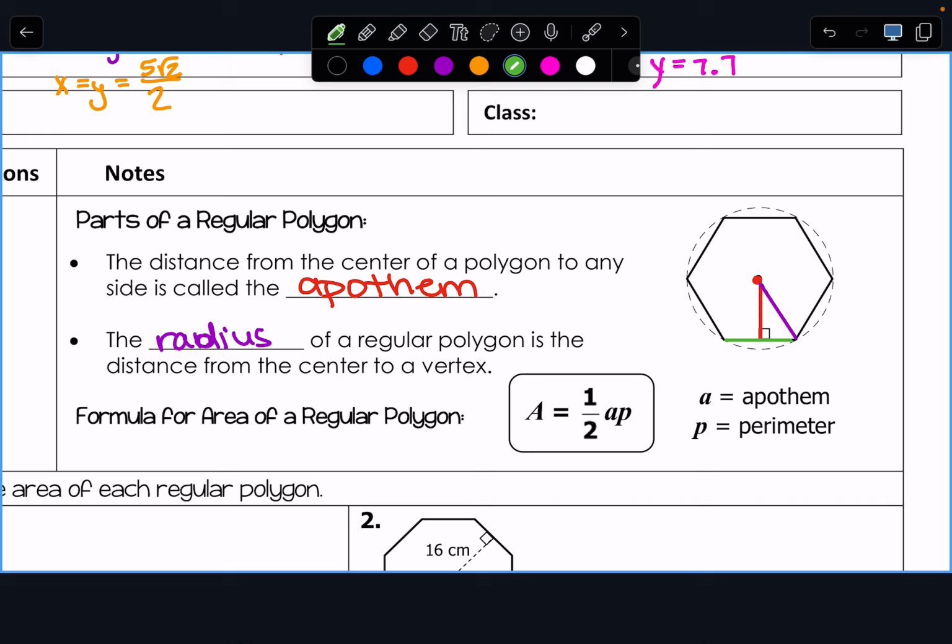Now, there are going to be a variety of ways that these problems get presented to us. So we're going to start with the easier kinds, and then we're going to work our way through what if they give us the radius and not the apothem? What if they give us the side length and not something else, okay?